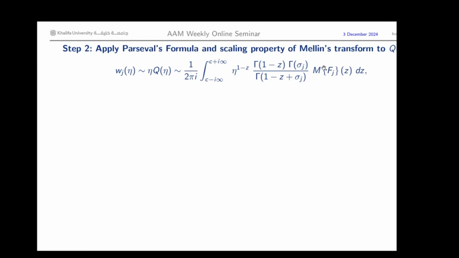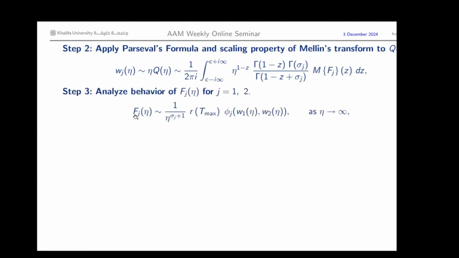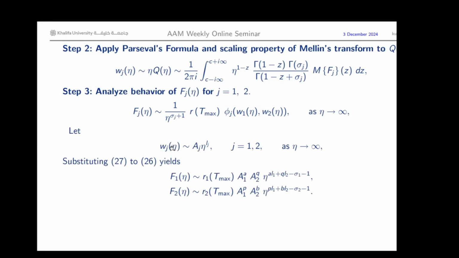But to analyze the Mellin transform of f, we also need to analyze the behavior of f itself as eta goes to infinity. Now we see that as eta goes to infinity, this f has a behavior of power type nonlinearities. Hence, we assume that our solution, this wj eta, also has power type nonlinearities.